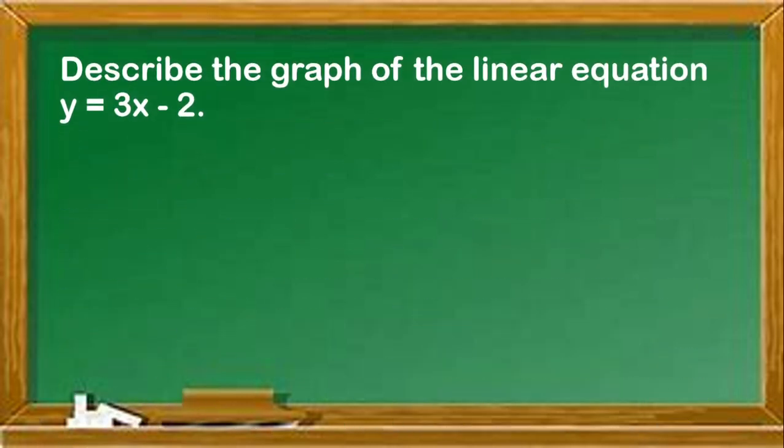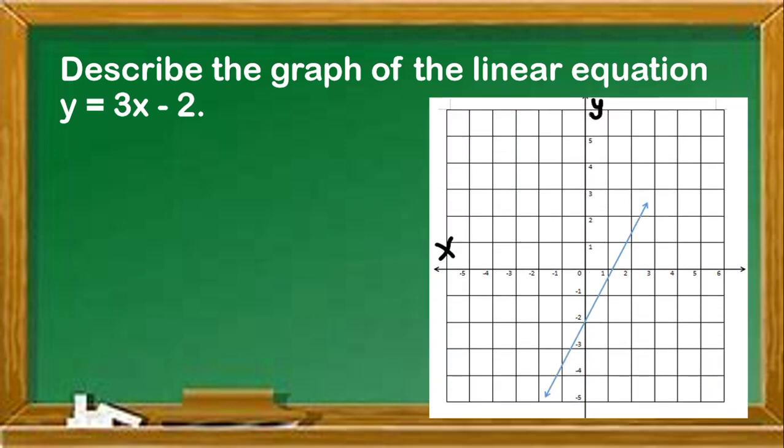Let's have the example. Describe the graph of a linear equation y is equals to 3x minus 2. So here is the graph. As you can see here, it's going upward. So our slope here is positive.